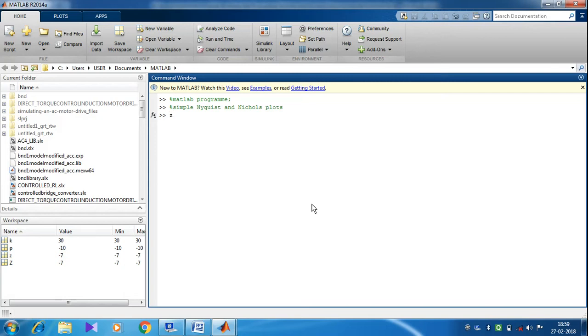So z is equal to minus 1, minus 3 plus 7 multiplied by i, minus 3 minus 7 multiplied by i.